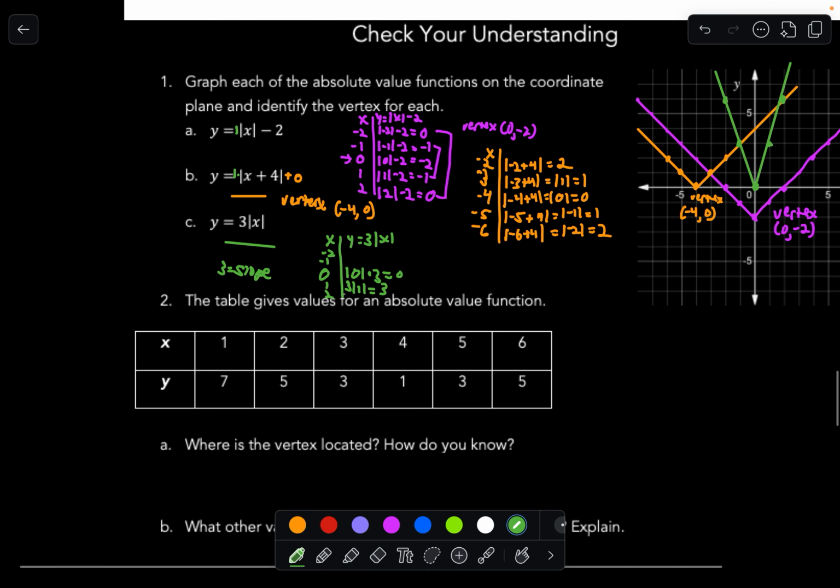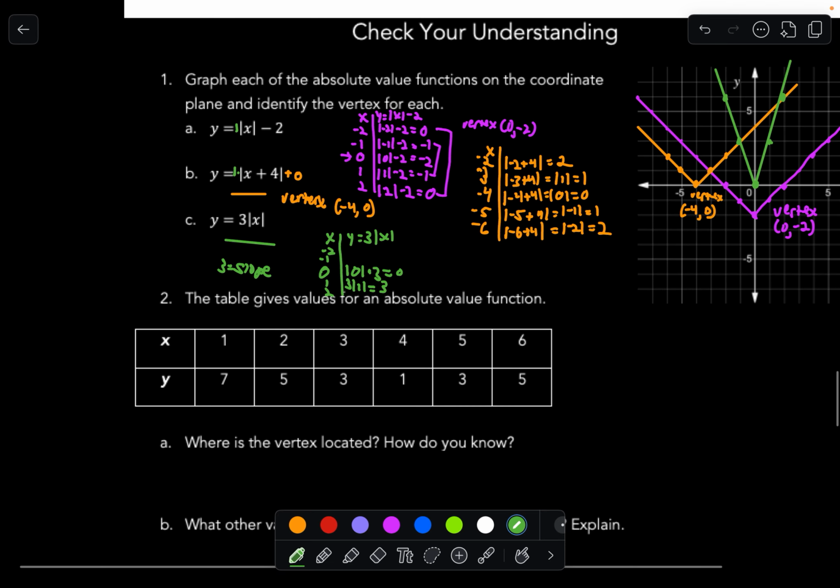Okay? Likewise, let's look at the table of values that gives values for an absolute value function right here. Notice, the first thing you should notice is at 4 we have 1. If we look right surrounding this 4, like right here at 5 it's 3, and that's 3.